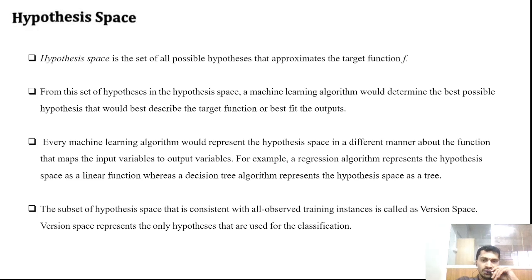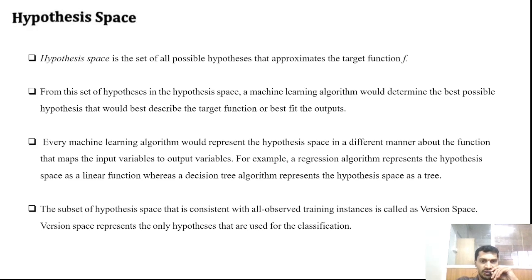It contains the hypotheses that are consistent with respect to the observed data. The hypotheses placed in the version space are consistent with respect to all observed data.